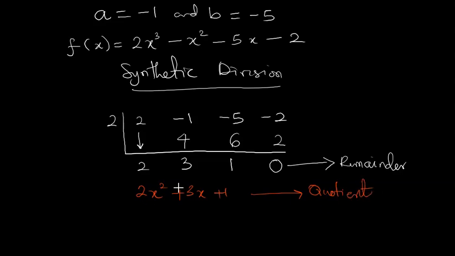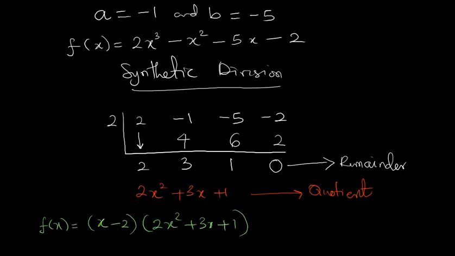So now we know what to do. We just have to write the polynomial in that form. Since we have to solve this polynomial, that is, we have x minus 2 together with the quotient.